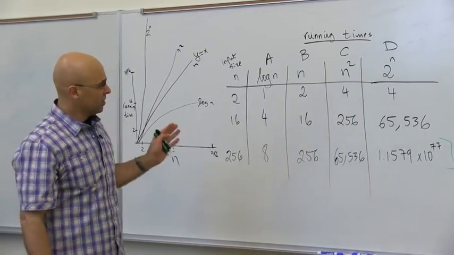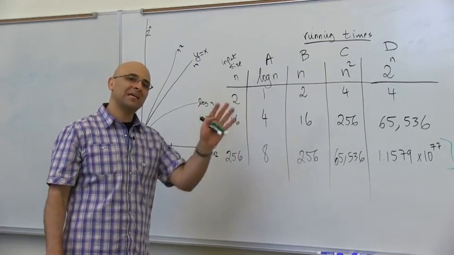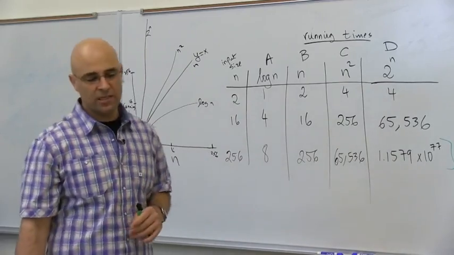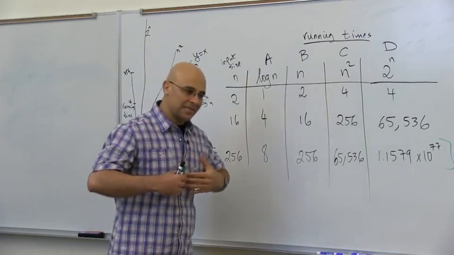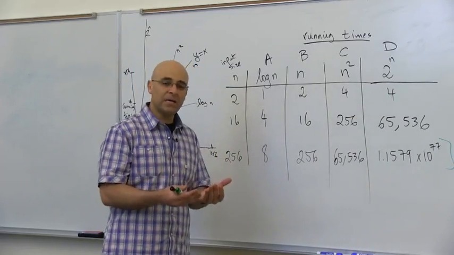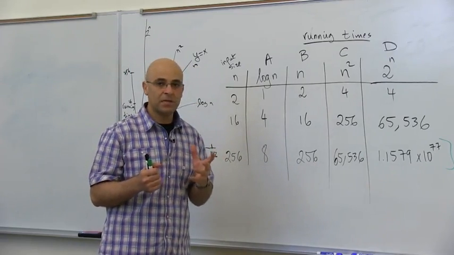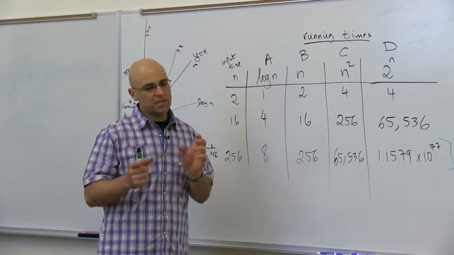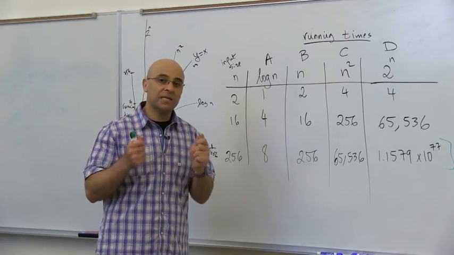Now, as we focus on the growth of functions and start looking at running time as n becomes bigger and bigger, or as we say mathematically, as n goes to infinity, we can start focusing on dominating terms in the functions. If I have functions with multiple terms in them, all I really need to think about are the dominating terms.